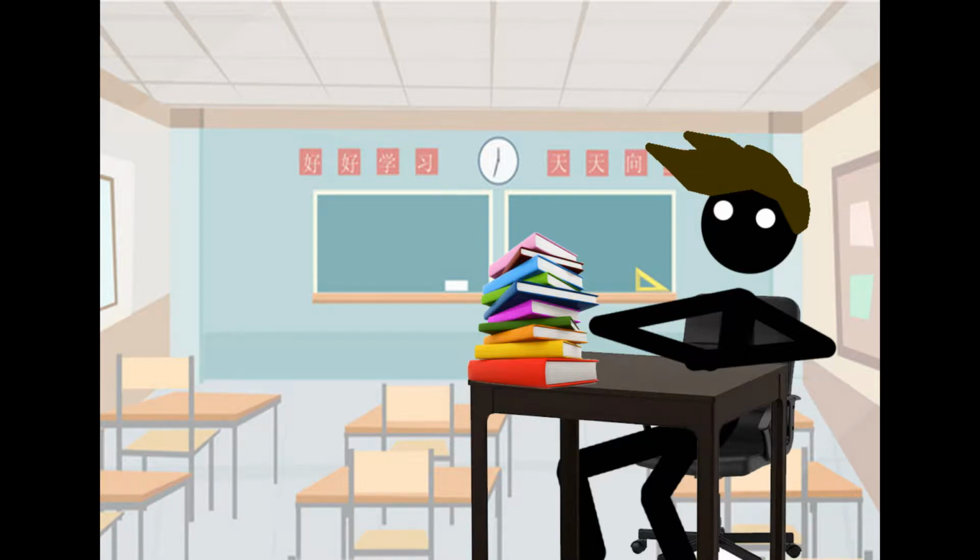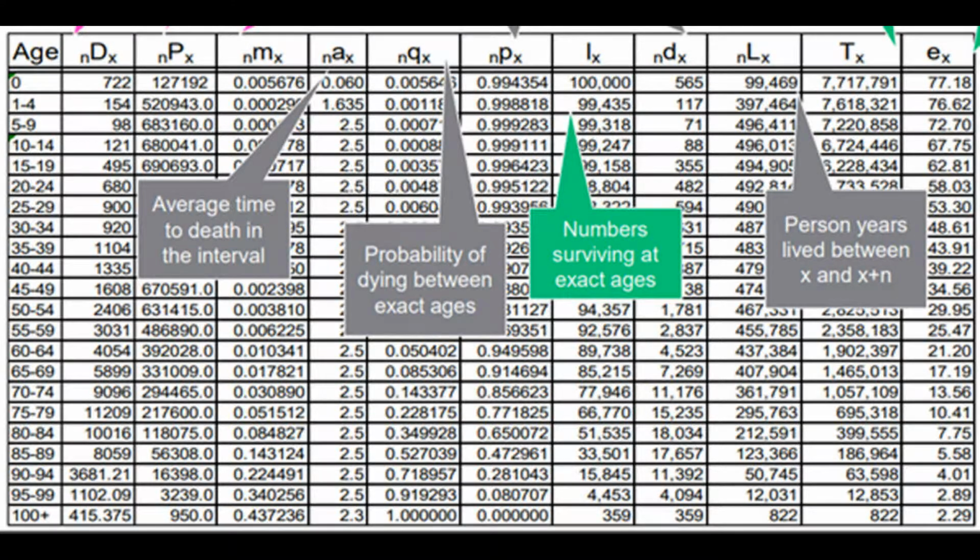The columns of a life table appear across as death, D, population, P, ASDR or age-specific death rate, as M, average time to death in the interval, or A, probability of dying between exact ages, Q, probability of surviving between exact ages, P, numbers surviving at exact ages, L, deaths between X and X plus N, this is the present and future, as D. This is the deaths that occur from the starting year X and the number of years after.